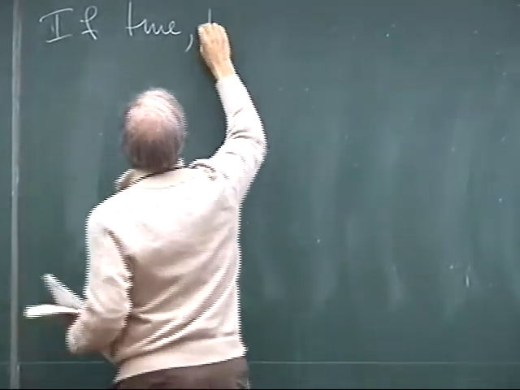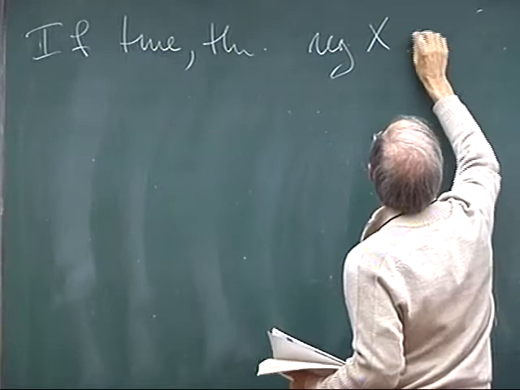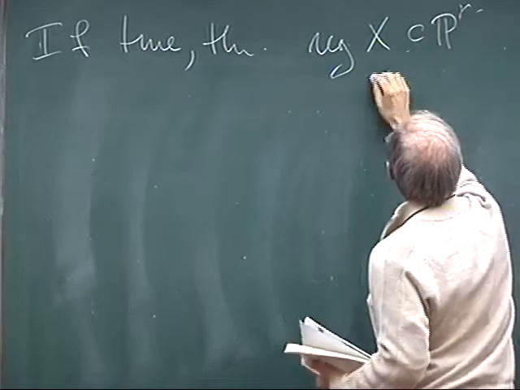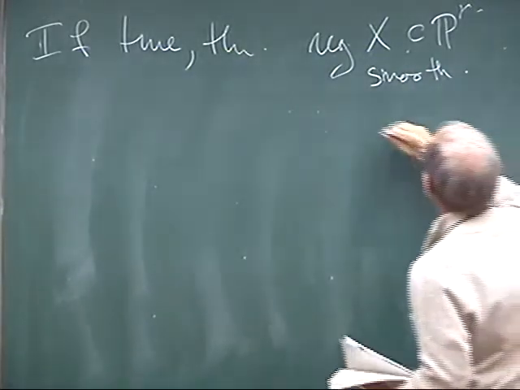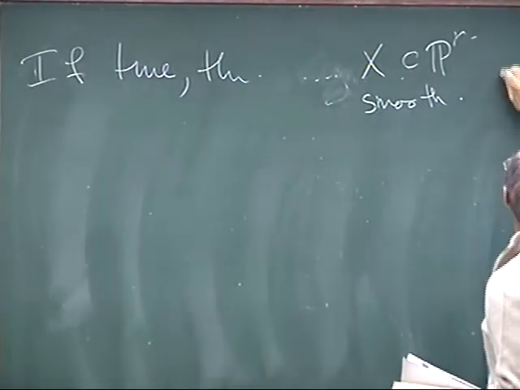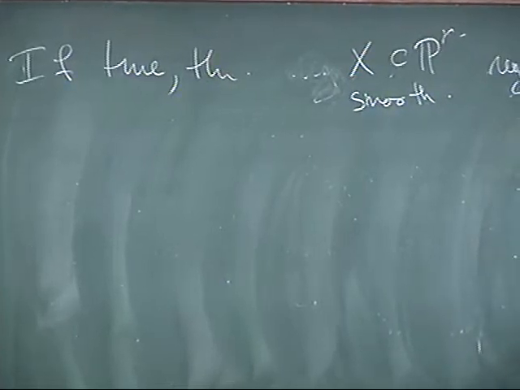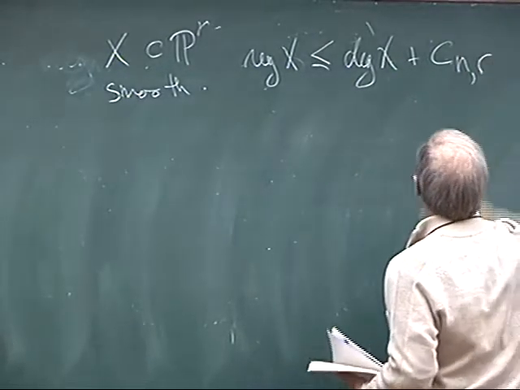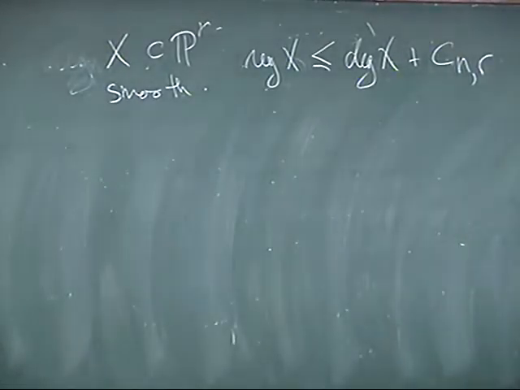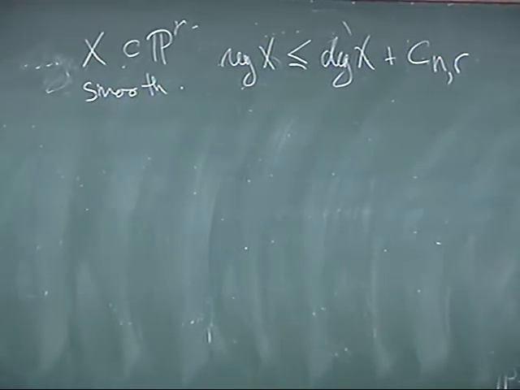If true, then if you have X in P^r smooth, then the regularity of X would be bounded by the degree of X plus a constant that depends only on the dimension of X and on r. And the constant is not so bad. It's a nice computable number. I won't write down the formula. But you can find it in my paper with Roya, if you like.